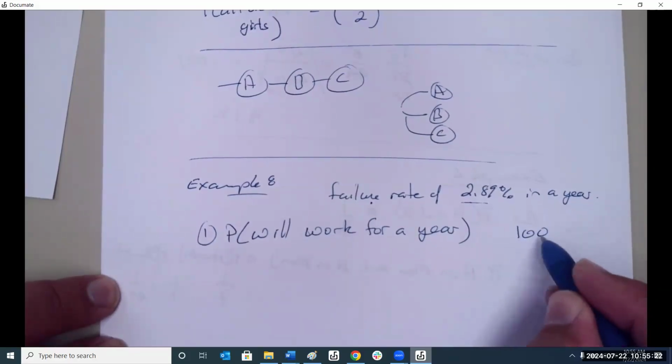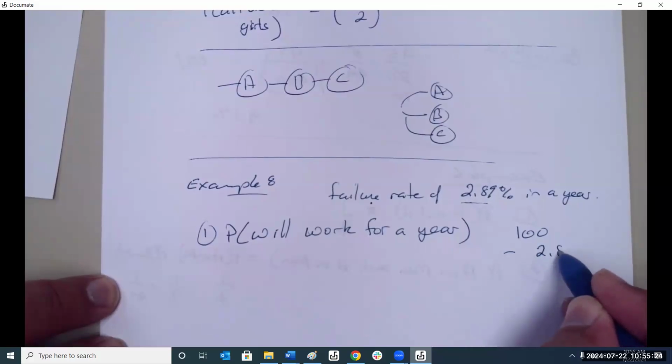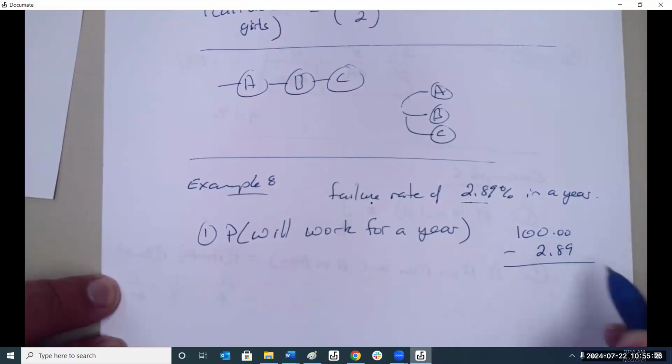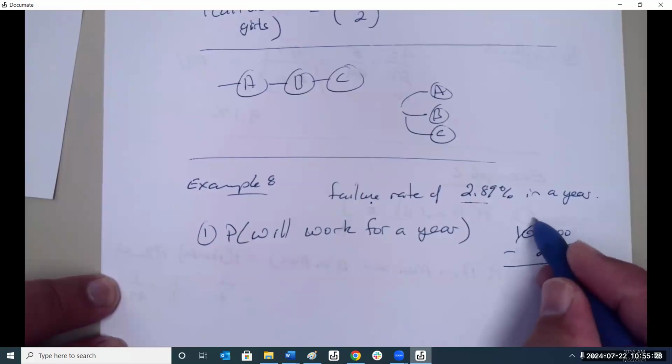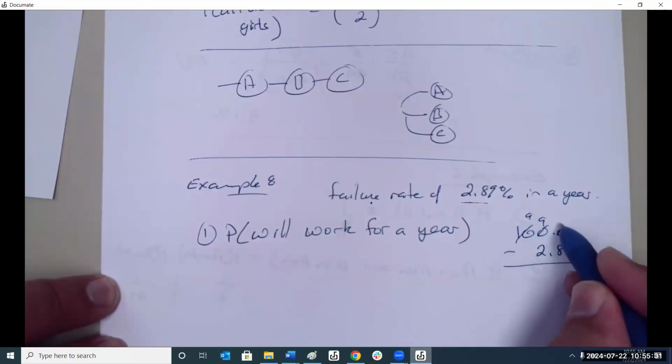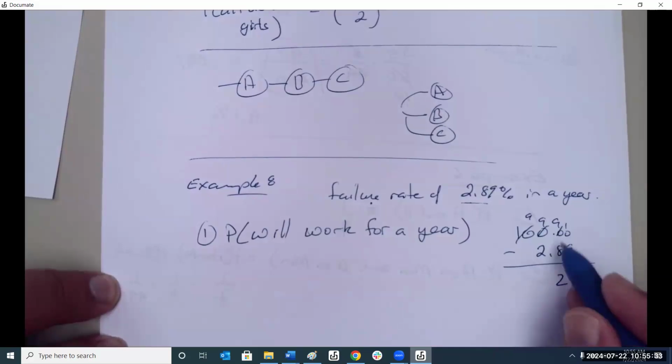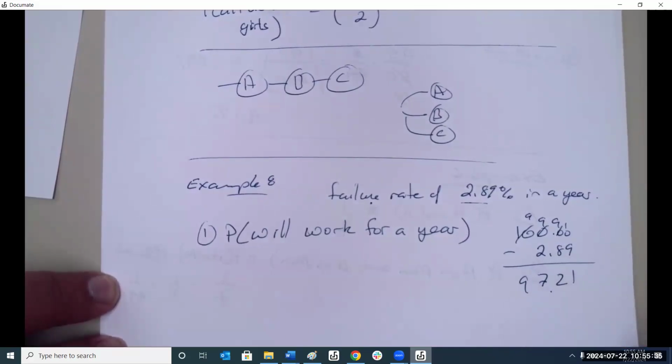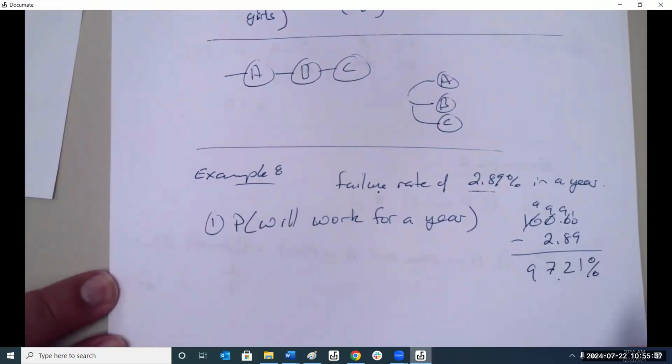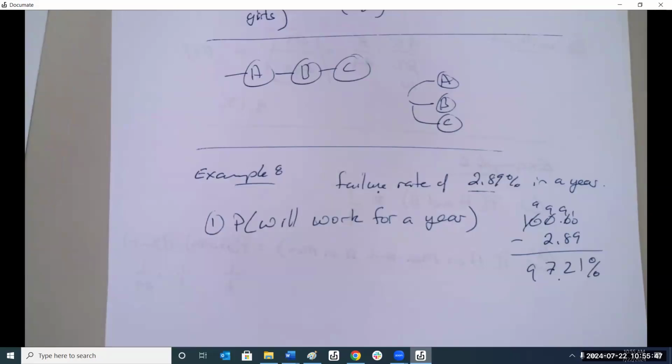Take 100% minus 2.89. So it's 97.21%. Right, so all we do is take our 2.89 and subtract it from 100%, and we get our answer.